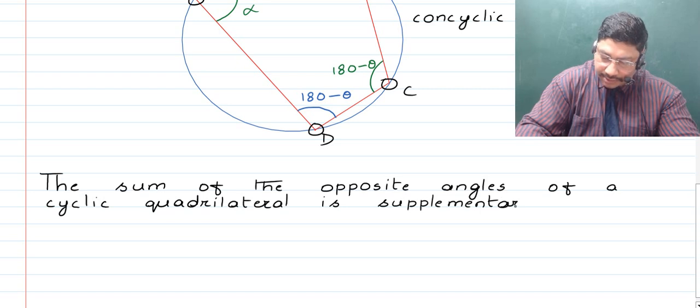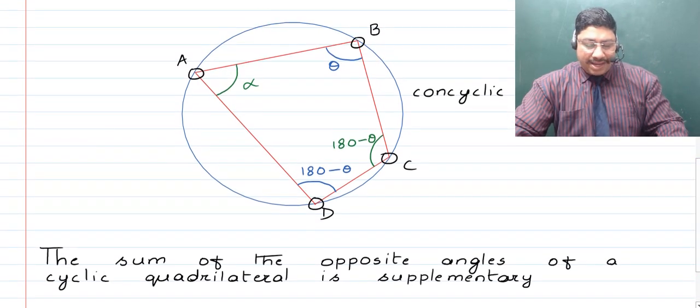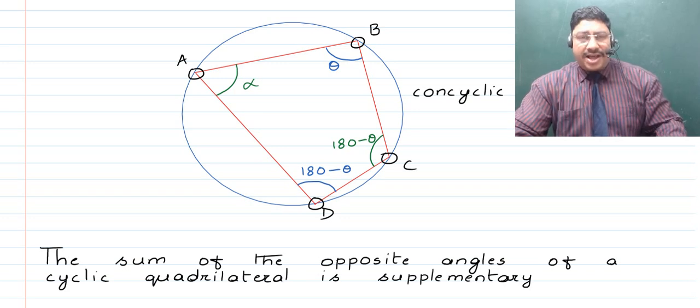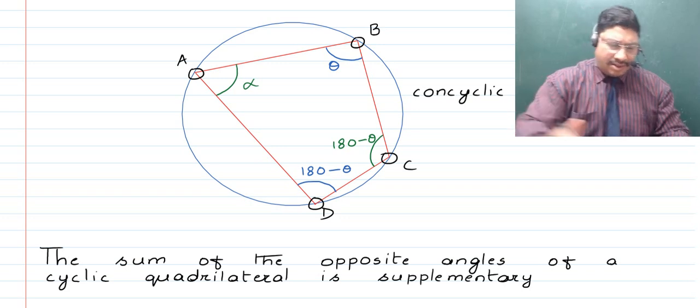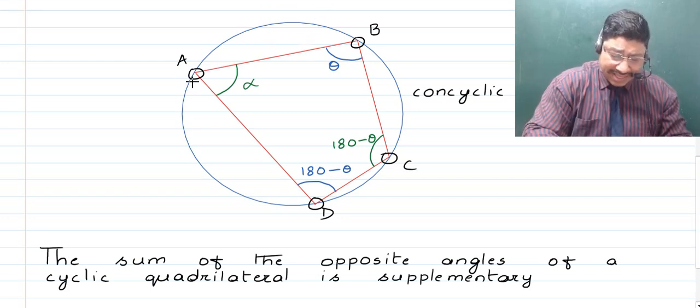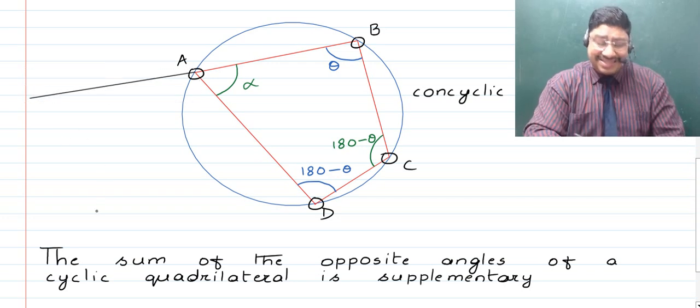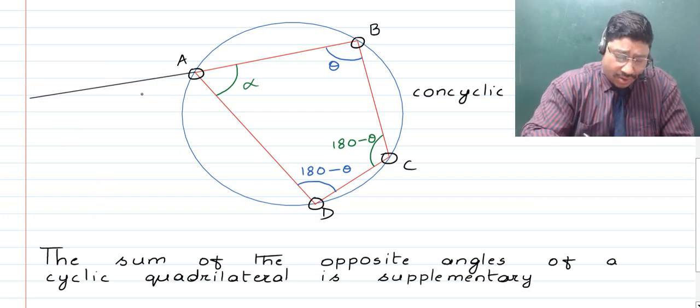right? So this is the next theorem, and in this I will now make the things required for the next theorem. Now let us say we talk about extending one of the sides of the cyclic quadrilateral, say something like this. And obviously here we will get the exterior angle of the cyclic quadrilateral.